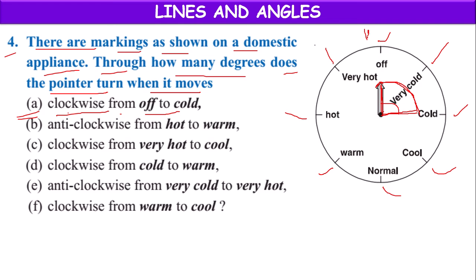Normally we used to have the numbers 12, 3, 6, 9 here in the place of these words. Moving from off to cold means indirectly moving from 12 to 3. The angle between 12 and 3 is 1/4 part of the complete angle, which is equal to 90 degrees.